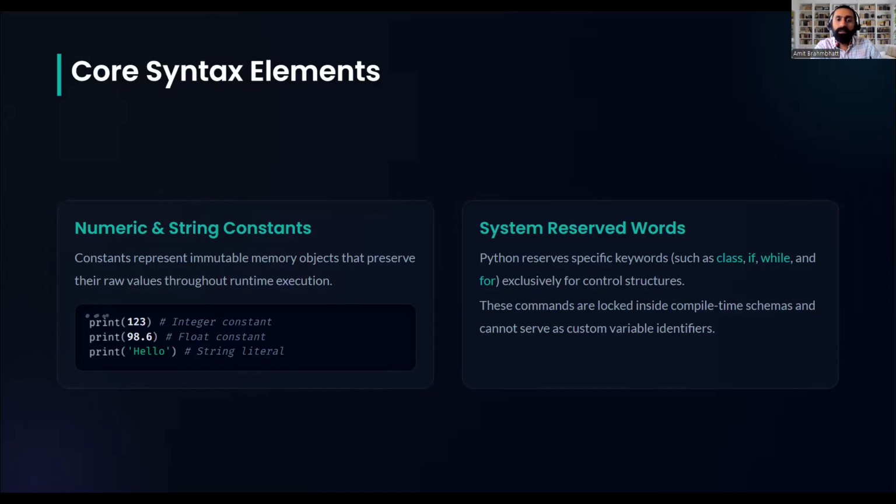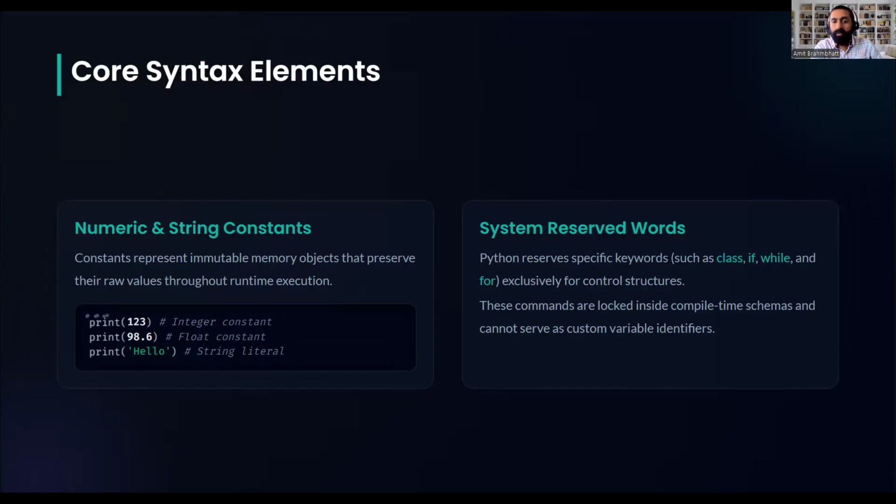Now look at the right side of our slide. Python has a system checklist of reserved words. Words like class, if, while, and for. These are locked. They are exclusive commands reserved for Python's own controlled grammar. You cannot name your variables after them because the compiler expects them to represent specific logical operations.